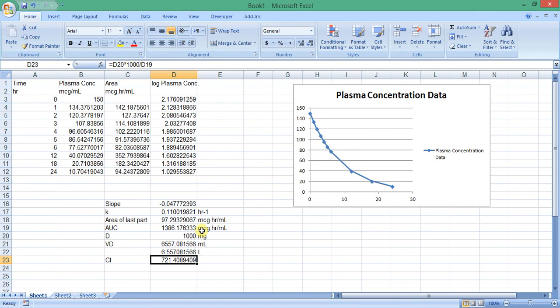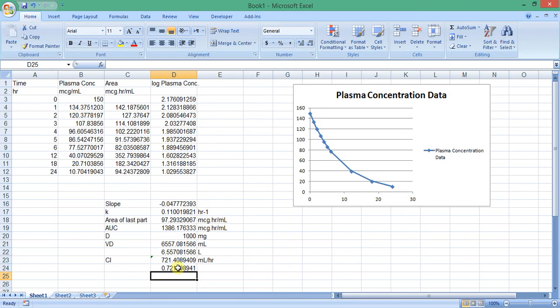And the unit of clearance is milliliter per hour. To convert it to liters per hour, we should divide it by 1000. If you compare this clearance value with the value we calculated in the last lecture, you will find that the two values are almost identical. The two methods provide the same values.